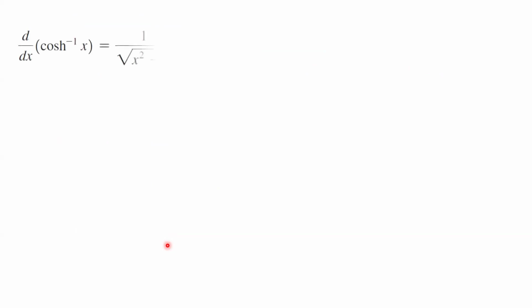So remember that the derivative of hyperbolic cosine has a different formula. The derivative of hyperbolic cosine was equal to hyperbolic sine. But when we are defining the inverse functions, the derivatives behave differently.